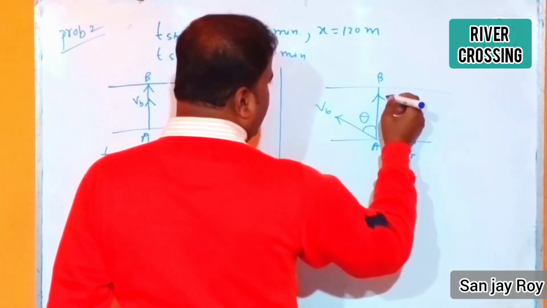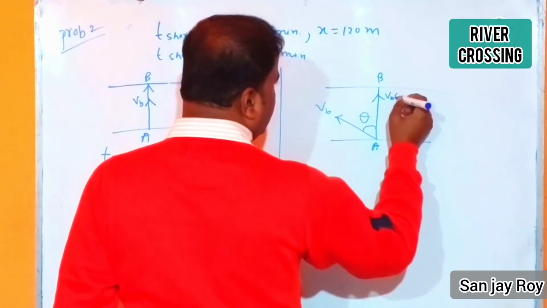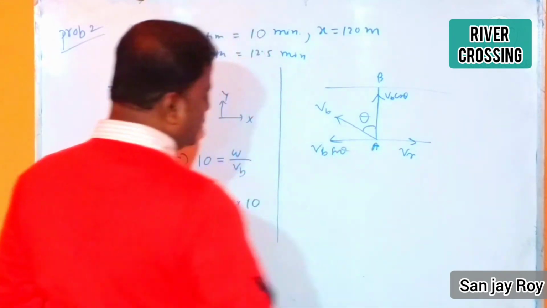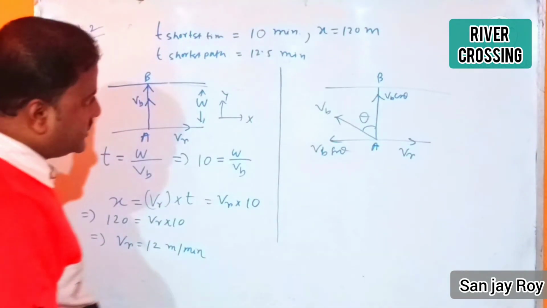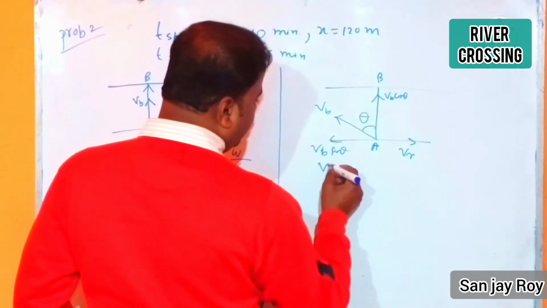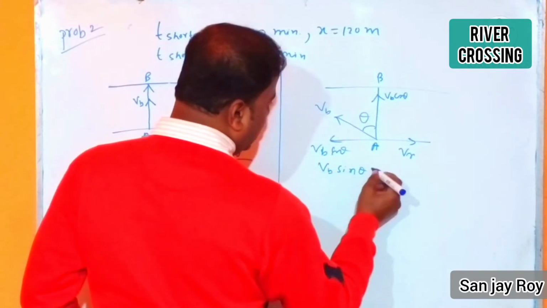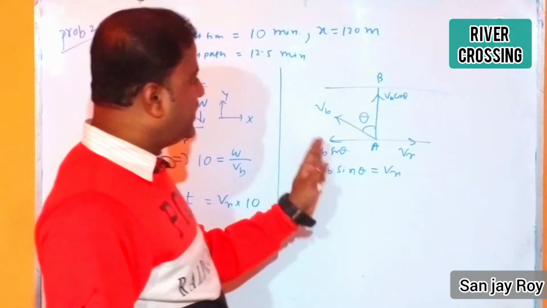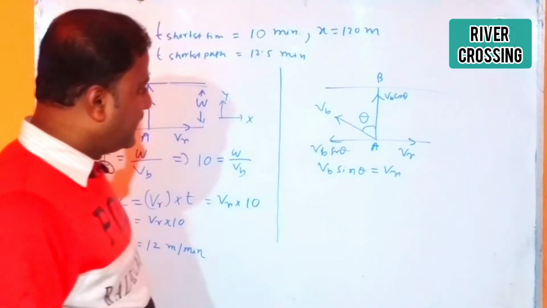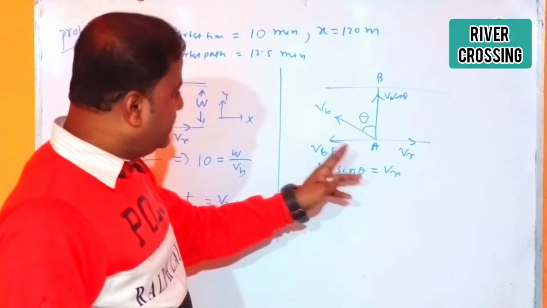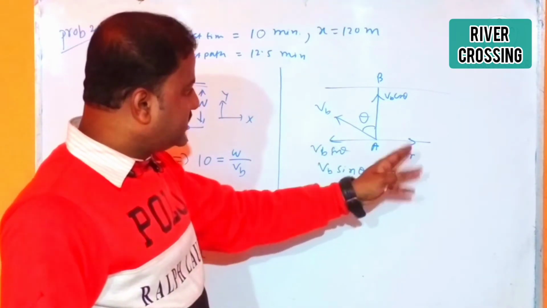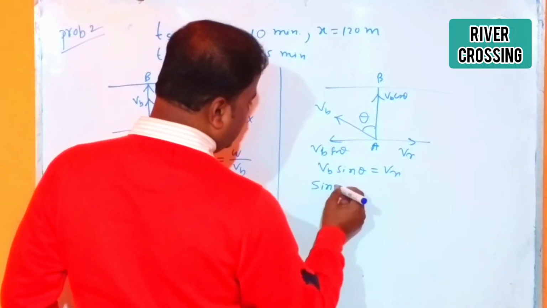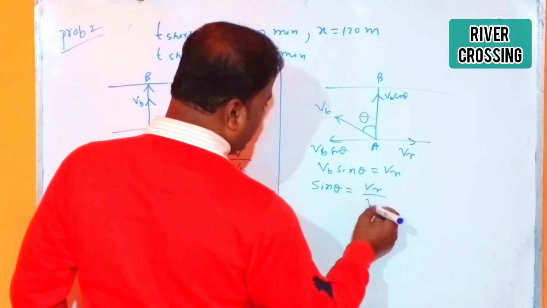The component along AB of VB is VB cos theta, and this is VB sin theta. We discussed earlier, to cross the river in shortest path, VB sin theta equal to VR. Then there will be no drift along x direction if the component VB sin theta is same as the river current. From this we get sin theta equal to VR by VB.